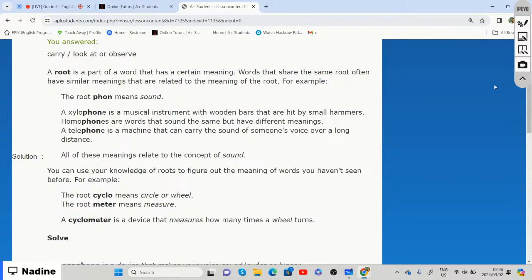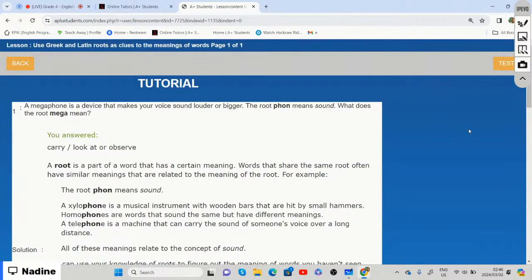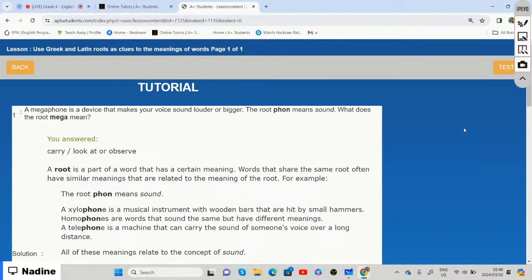Words that share the same root often have similar meanings related to the meaning of the root. So when it comes to Greek and Latin roots, we first need to identify the root.